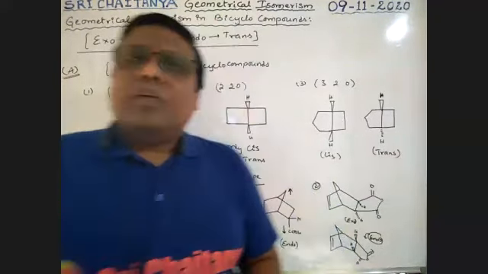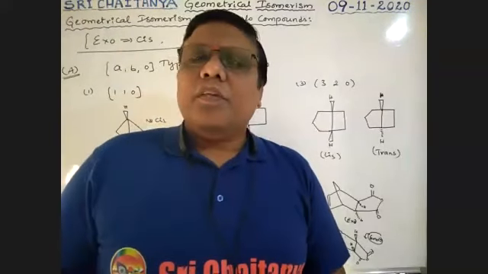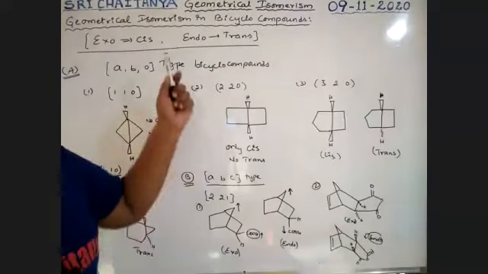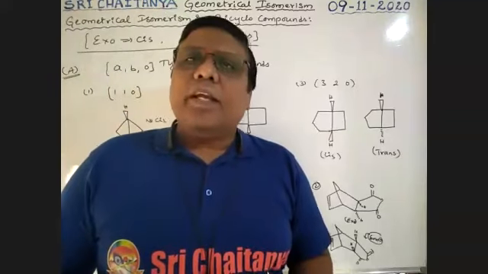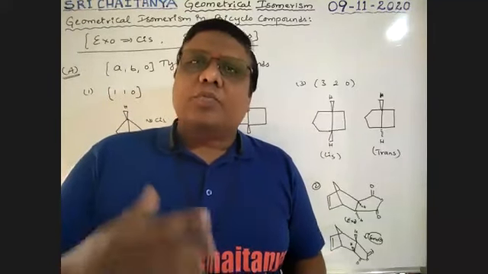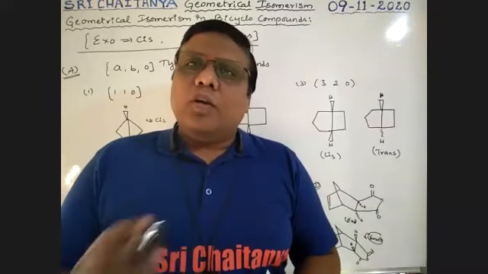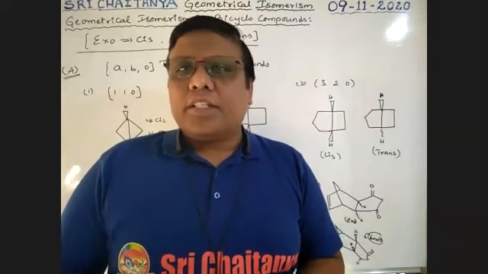See boys, in all these bicyclo compounds, the exo and endo system is applied. Exo means similar groups on the same side, and that is nothing but our cis compound. Endo means trans, that is, similar groups on opposite sides.